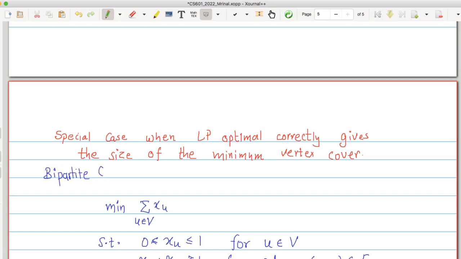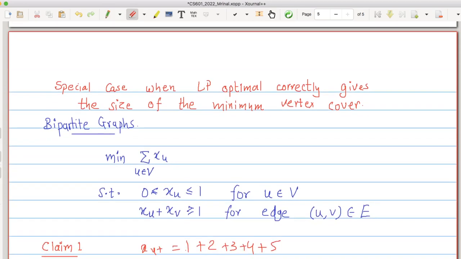So let's see why that is true. We will not look at the weighted version. We'll just look at the minimum size vertex cover problem, and we'll see that in the case of bipartite graphs, the LP optimal is exactly equal to the minimum size vertex cover, right?